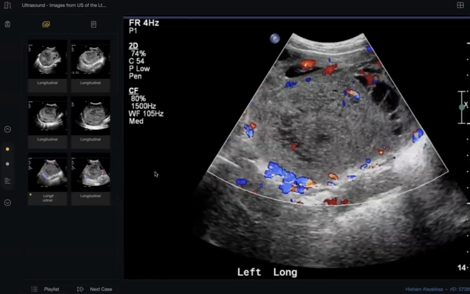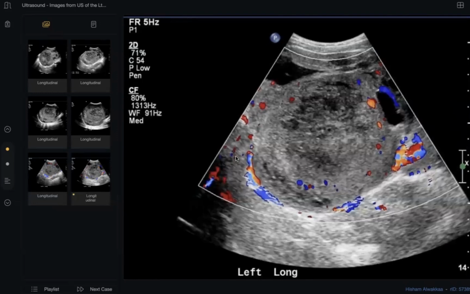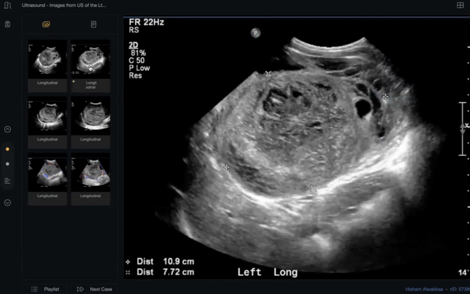It's seen encroaching on the renal parenchyma, and there is mass effect on the renal parenchyma. It's measuring 10.2 by 7.7 centimeters.